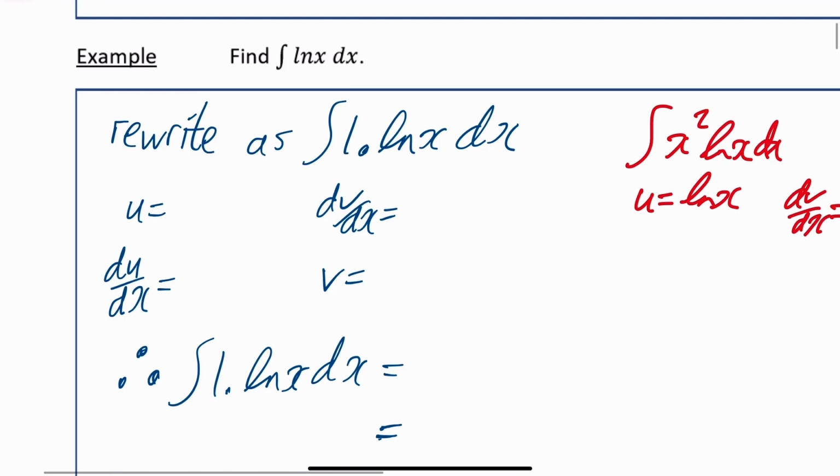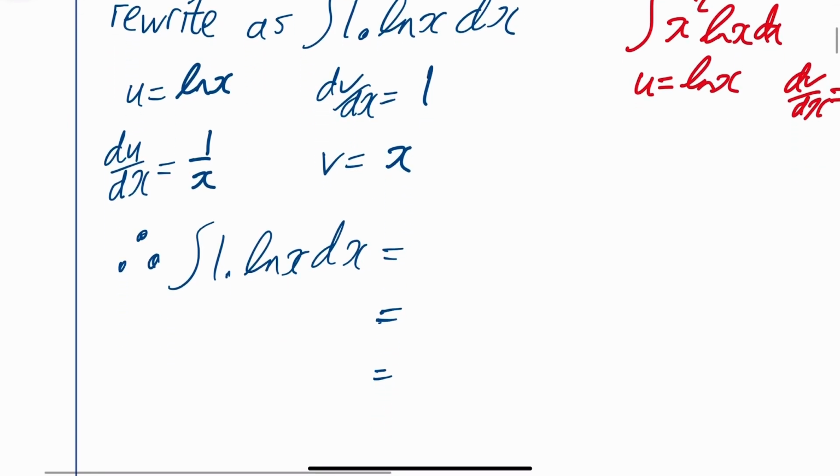So same idea in this one. We are going to let our u be equal to ln of x and our dv by dx be equal to 1. So if you differentiate ln of x, you'll get 1 over x. If you integrate 1, you will get x. So then it becomes uv, remember, so x times ln of x minus the integral of v du.